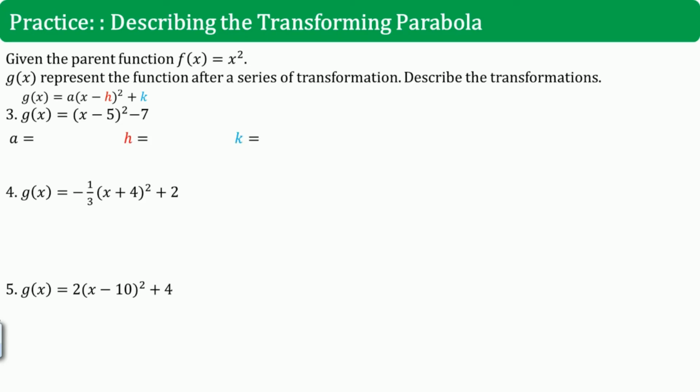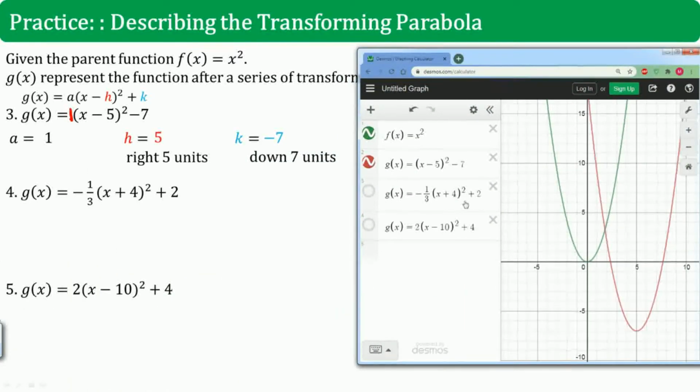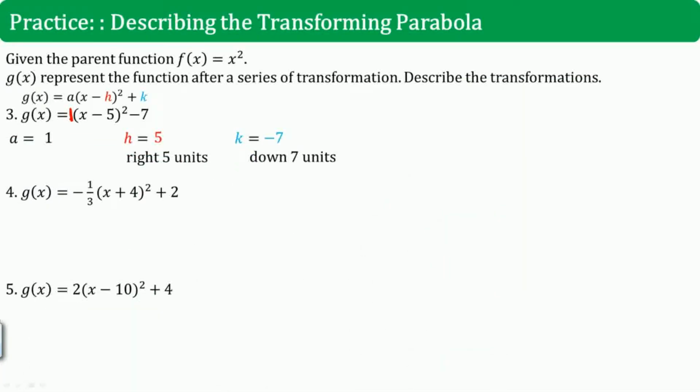So a here is the number in front, which is 1. h is 5, and k is negative 7. a equals 1 has nothing with it. h equals 5 means right 5. And k equals negative 7 means 7 units down. Let's check it. I went 5 units to the right, then 7 units down. So that is correct.